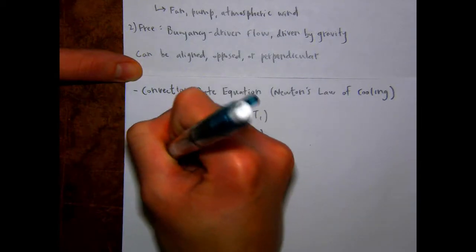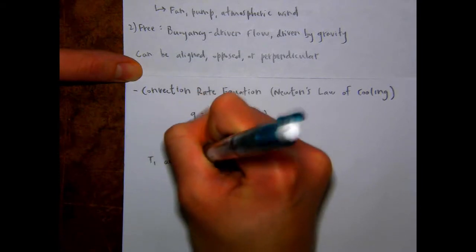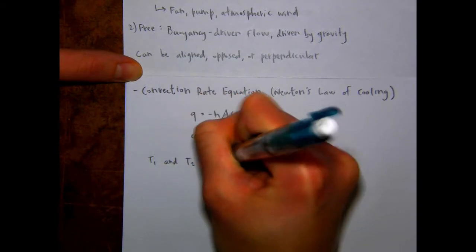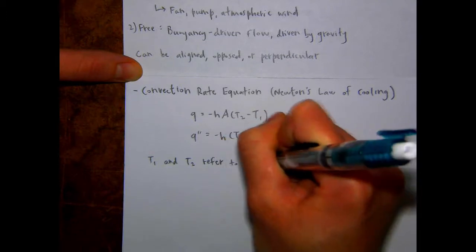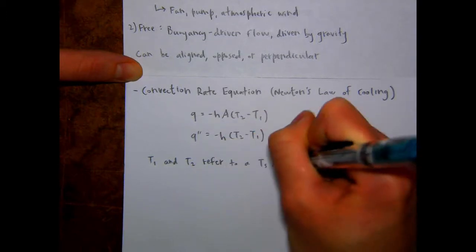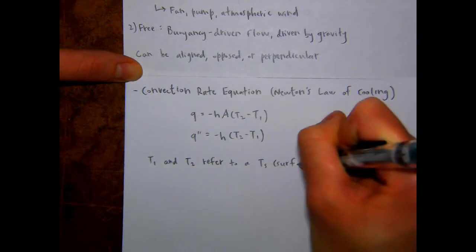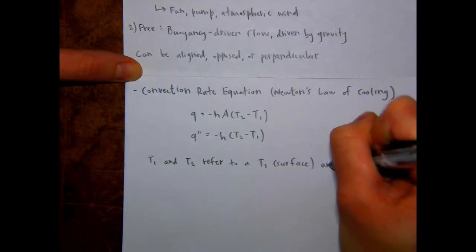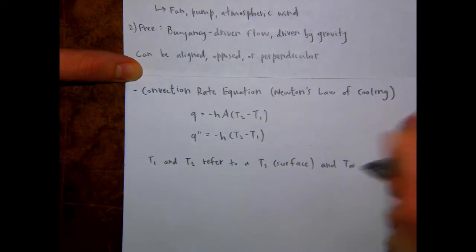So remember, you'll often see T1 and T2, because this is convection, they refer to a surface, T sub S, and fluid, T infinity. Temperature.